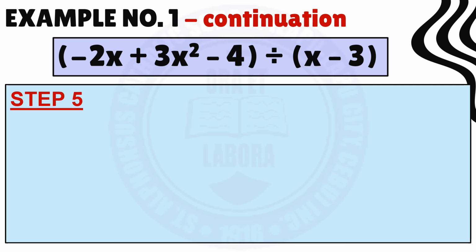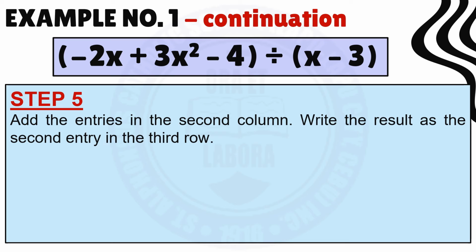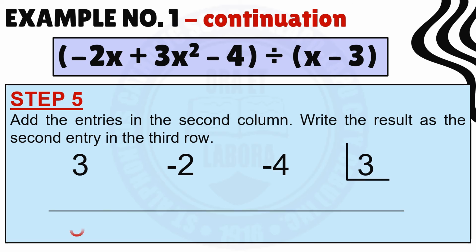Step 5. Add the entries in the second column. Write the result as the second entry in the third row. So you have here 3 times 3, that is 9. 9 here is positive. Since that is positive, therefore, that becomes -2 plus 9. The result is 7.